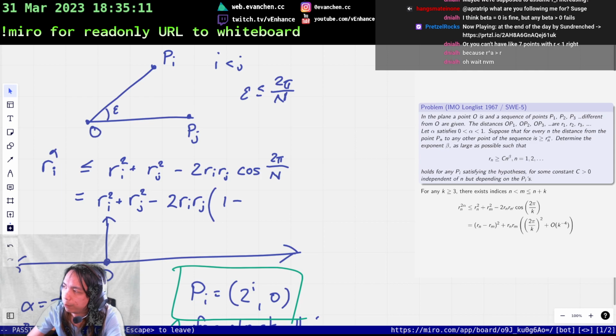Because if you pick a beta and a constant, then it just doesn't work, right? If I have a beta and a C, I can pick an n such that Cn to the beta is bigger than whatever.